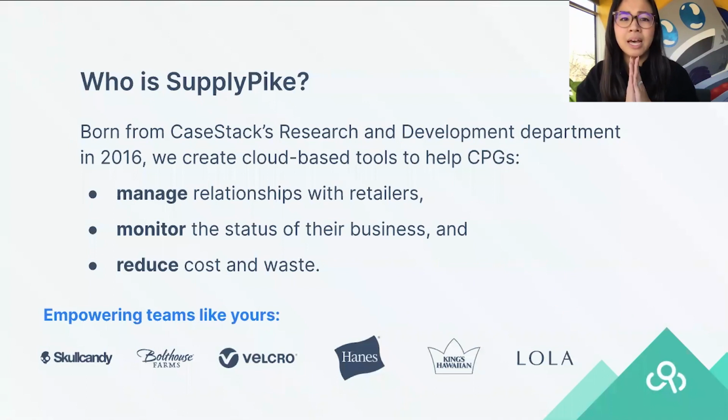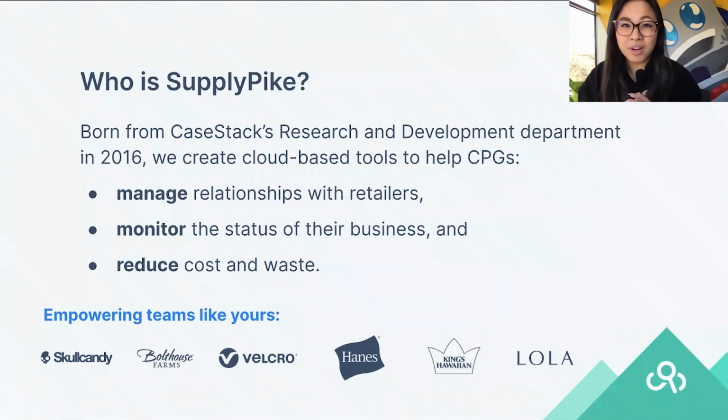So really quickly before we get started, just wanted to introduce SupplyPike. To those of you guys who have not been on a SupplyPike webinar before, welcome. We are a Northwest Arkansas based software company, and our bread and butter is we design software for suppliers across multiple retailers.